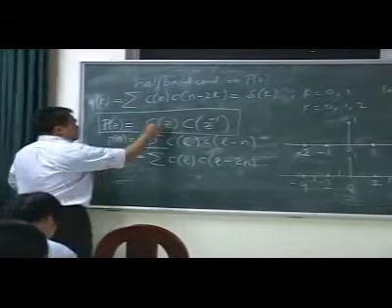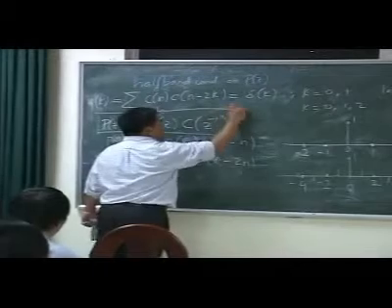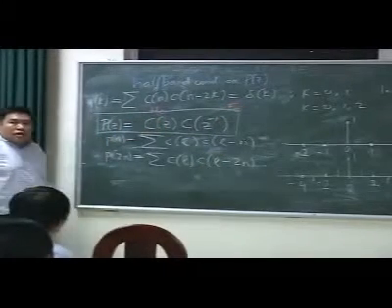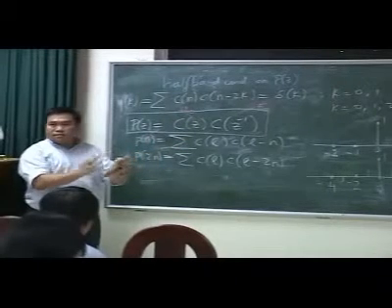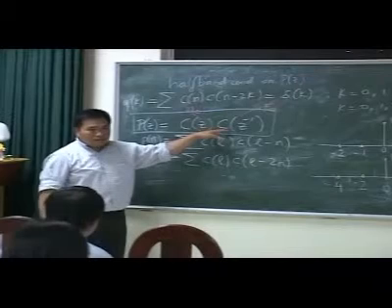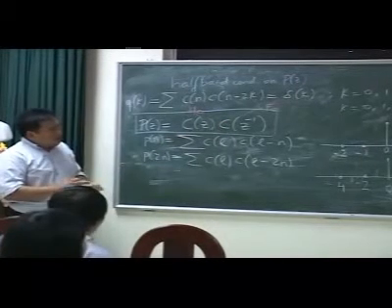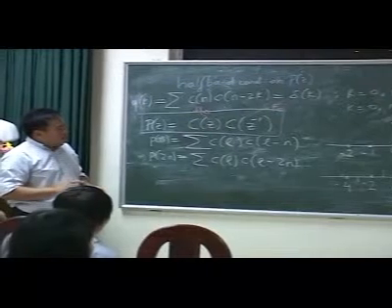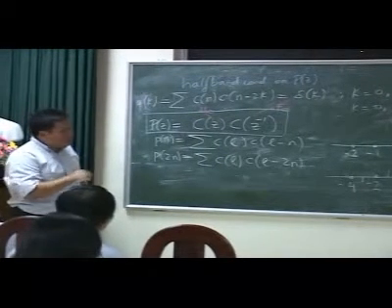This is your H naught, that's your F naught. If you recall how this H and F are related, I just split. So you see it here also. Let me think about another way to explain this next time.